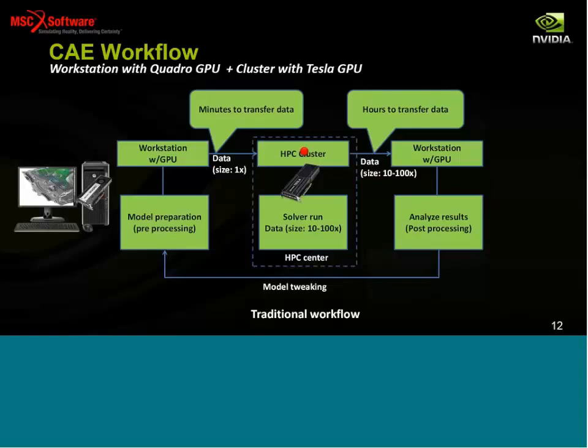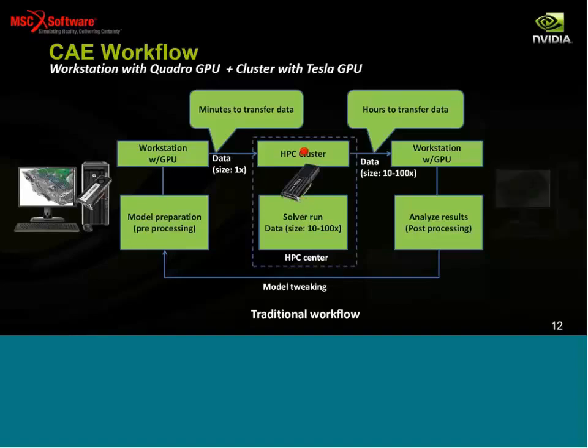So here the difference is that in addition to the workstation, you actually have a cluster where there is a Tesla GPU, and that's where you do compute. So you need to transfer data from your local workstation to the cluster and then do computation using the GPU and CPU, and in the process you're generating humongous data.